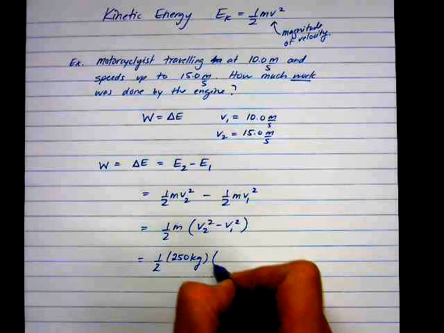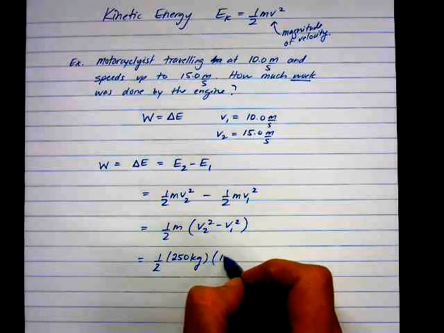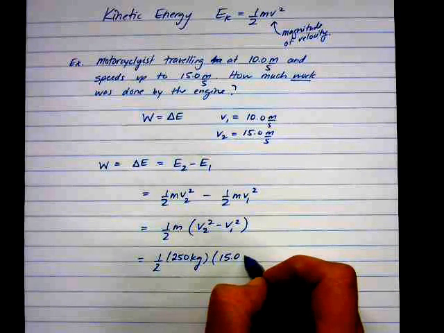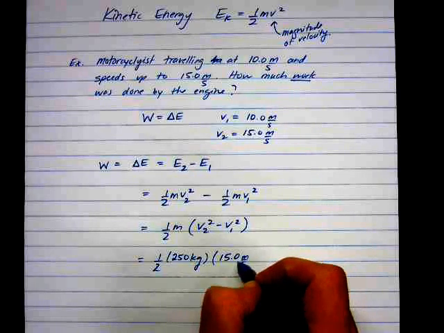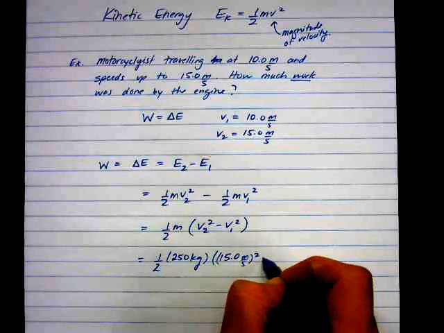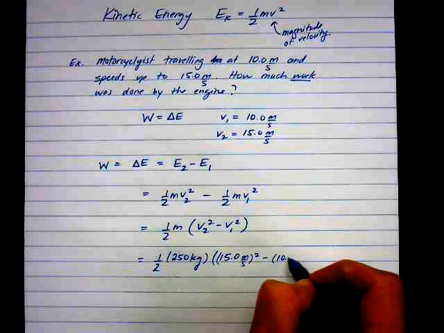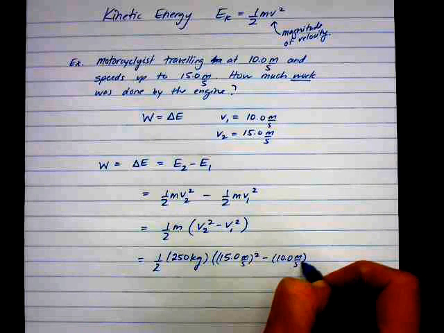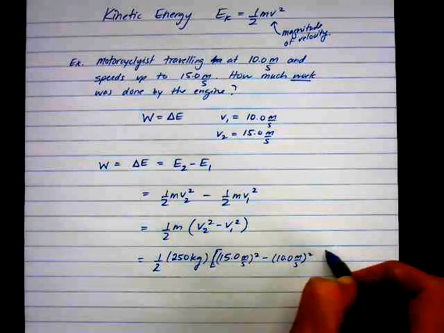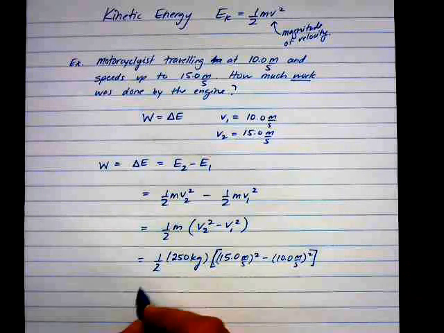Okay, and now we put in my 15 meters per second, all quantity squared, minus 10 meters per second, all quantity squared, and then we have that.